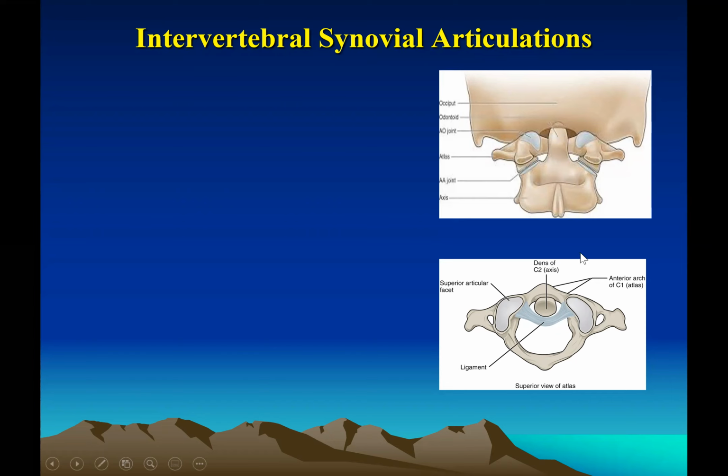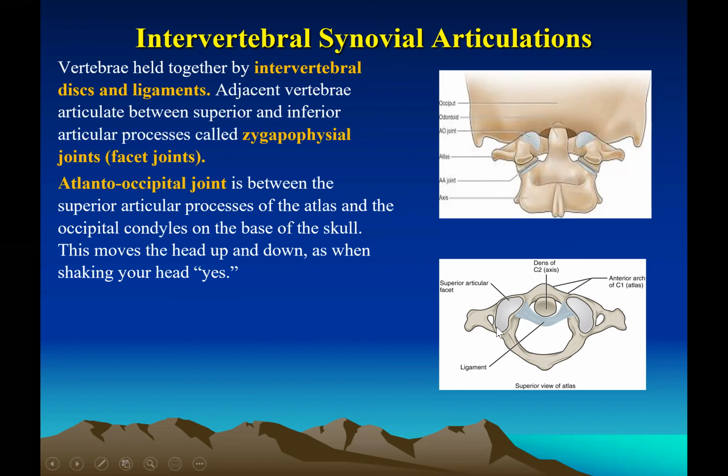The next joint is the atlantoaxial joint. It is a pivot joint between C1 and C2, the atlas and axis. You can see how the dens of the axis protrudes through the circular arch of the atlas, and the whole thing is held tightly by a ligament.